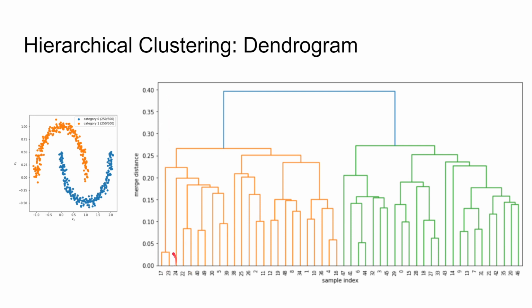So the first thing that happened was these two got merged together, because this is the smallest merge distance. Okay, so those two got merged together. Then those two got merged together. Then those two, then those two, then those two, etc., etc. Right, it's sort of vertically up. And then through that process, you can look at this diagram and say, okay, oh, nice. So this is when those two big clusters got merged together.